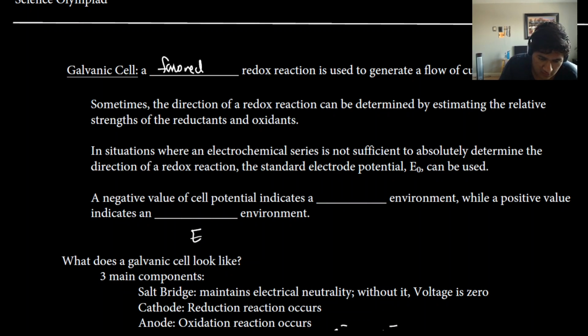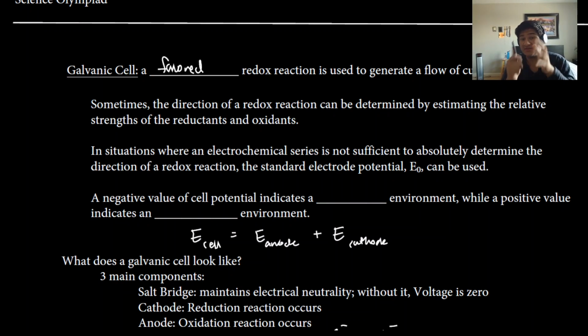E cell is nothing but the reduction potential of the species that's being reduced plus the oxidation potential of the ion or molecule that's being oxidized, which we will soon learn corresponds to the cathode and the anode. So if E cell is negative, that would mean that it's a reducing environment, while a positive value of E cell would mean that it is an oxidizing environment.